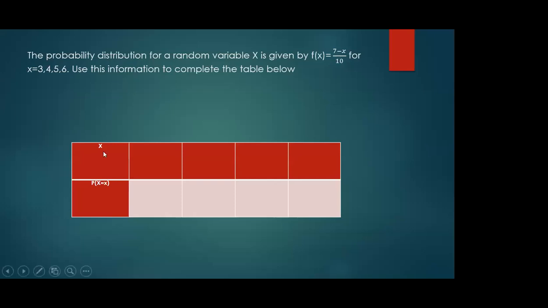So in the table below we have x, this table that we're going to be completing, and then we have probability of x.